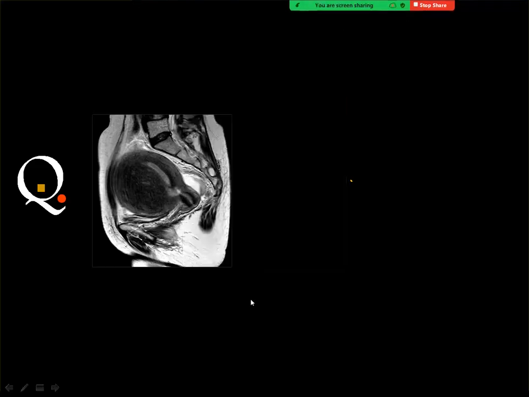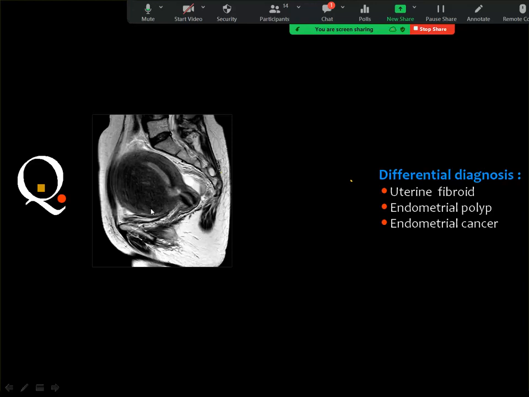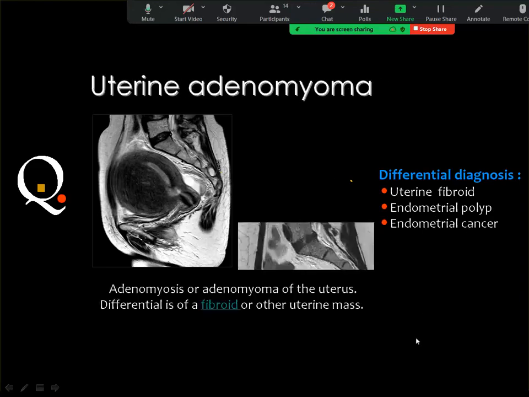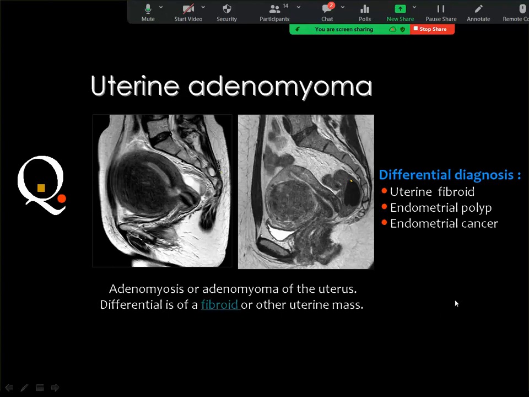Adenomyosis, very good. And if you got a lesion like this, the differential diagnosis may include uterine fibroid, endometrial polyp, or endometrial cancer. But you know the major difference between adenomyosis and fibroid is in the definition of the margin. The uterine fibroid is usually of a well-defined circumscribed margin, clearly separable from the adjacent myometrium.